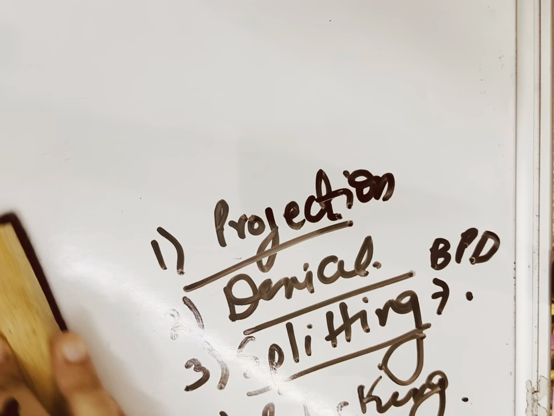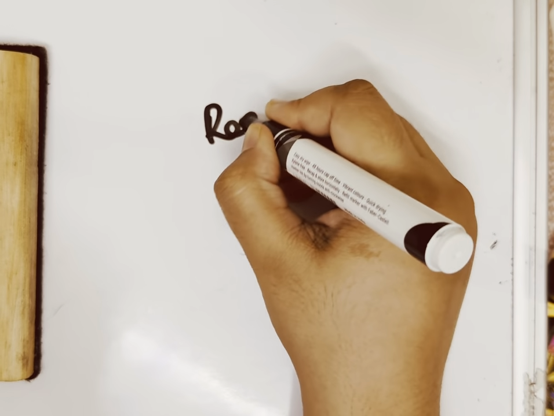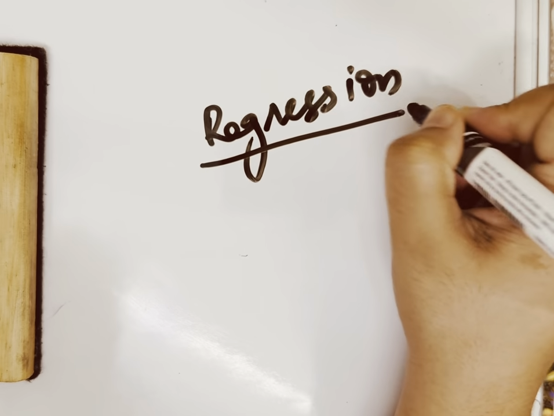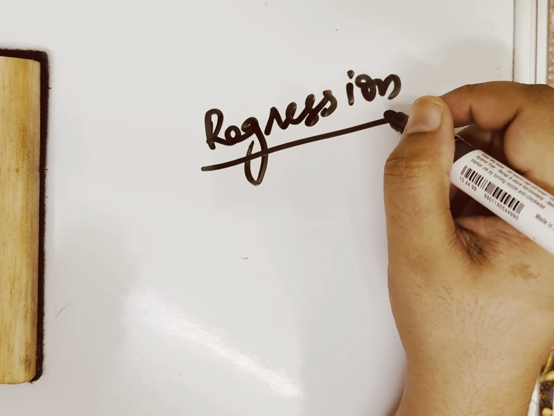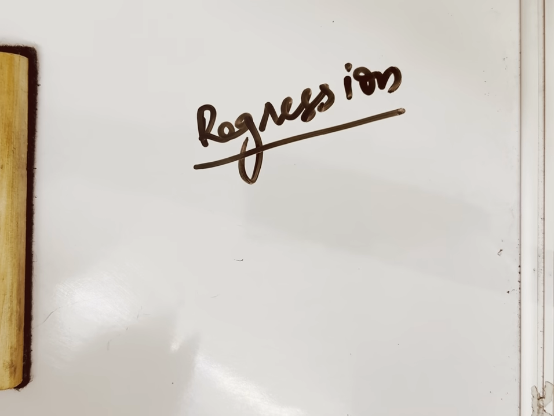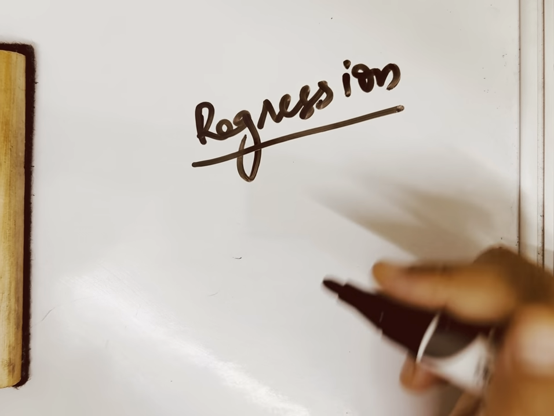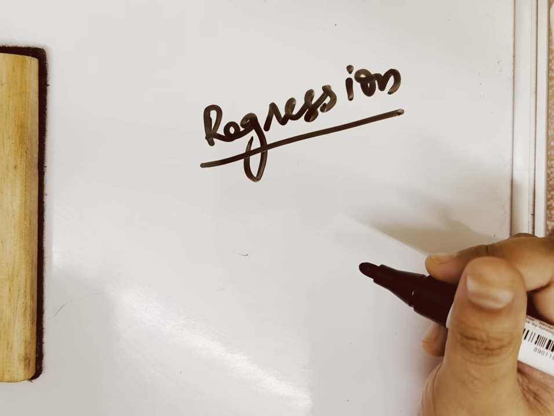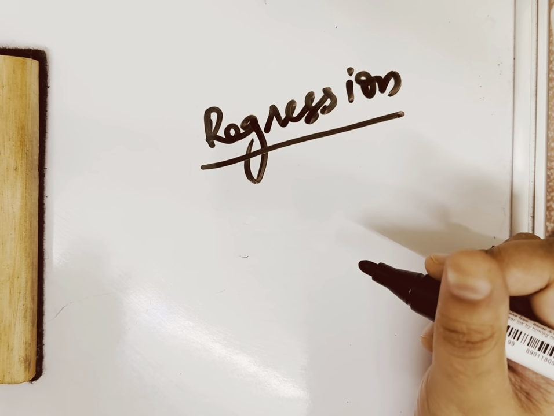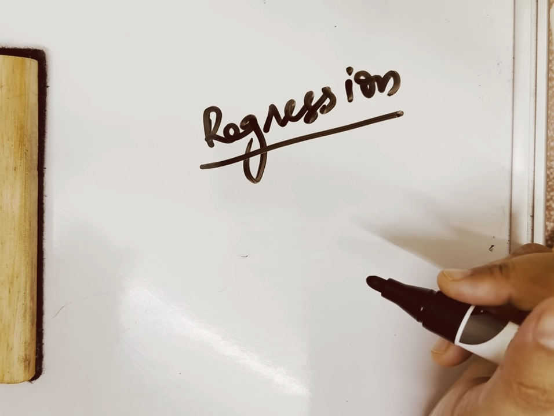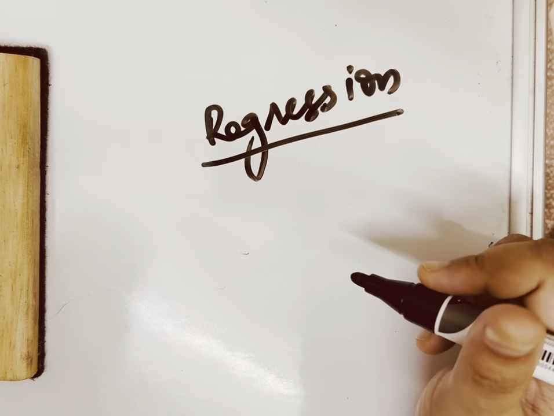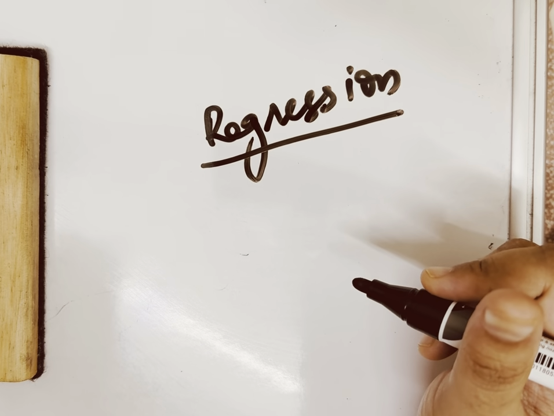And then the other type of defenses, like regression, very common. Regression is when we go back to an early stage of development, when we were kids. So like a person who is undergoing a very harsh breakup starts to wet his bed again, like he used to do when he was a child.